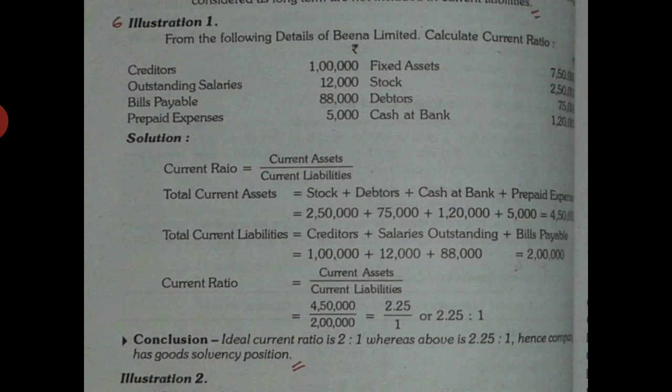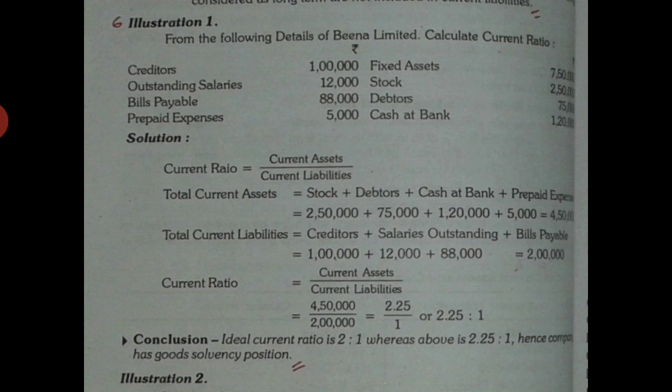Now we shall go with an illustration. You are given a question. First of all, you must write CL and CA against the heads. Like creditors, what is it? This is current liability, so you write CL against it. Outstanding salary, this is also a current liability.